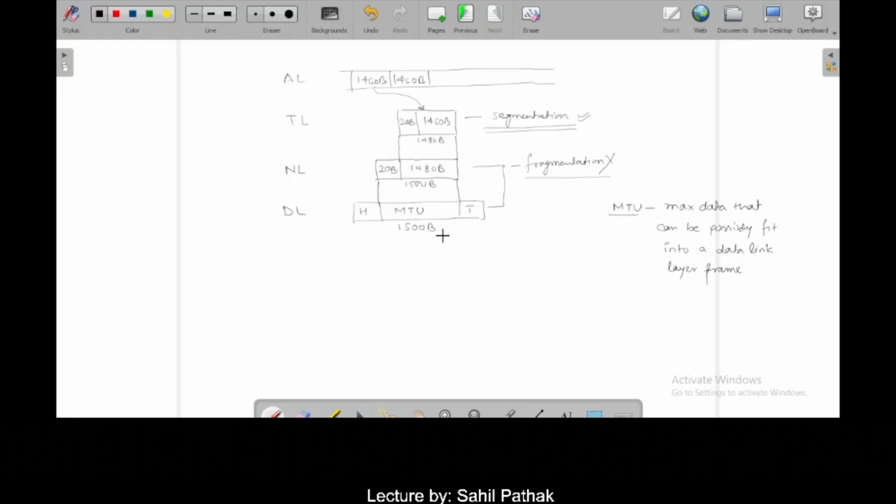So the question is, if there is no requirement of fragmentation, then where is the fragmentation done?